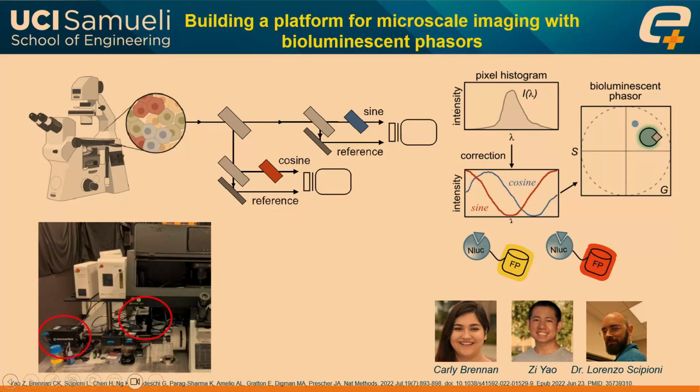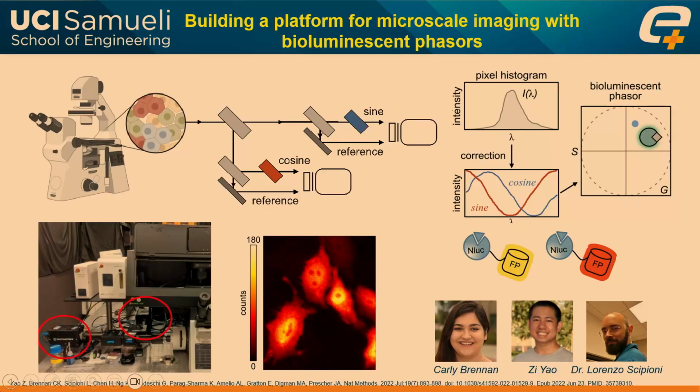So we use the sine and cosine filter for a bioluminescence imaging system that we engineered. And these sine and cosine filters enable us to collect, let's say, the first wavelengths here from 400 to about 550 nanometers and beyond for the cosine filter. And what's nice about this system is that you don't need any lasers.